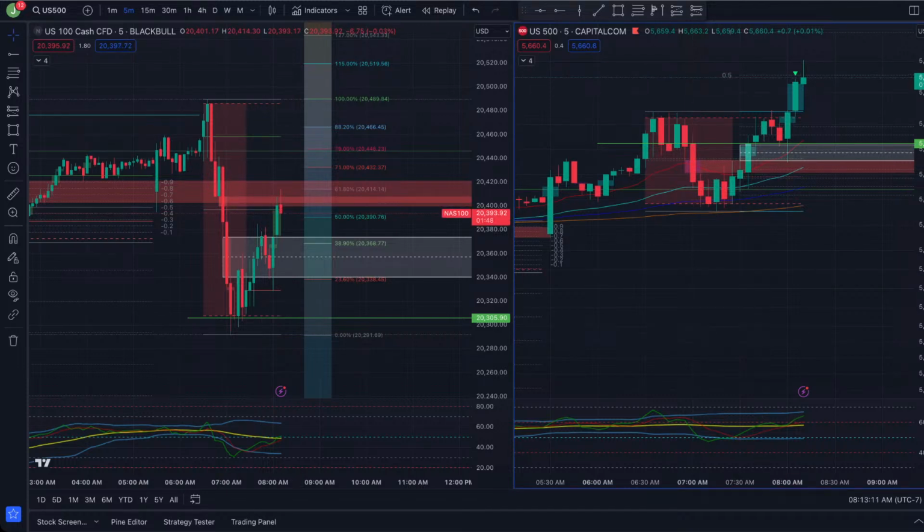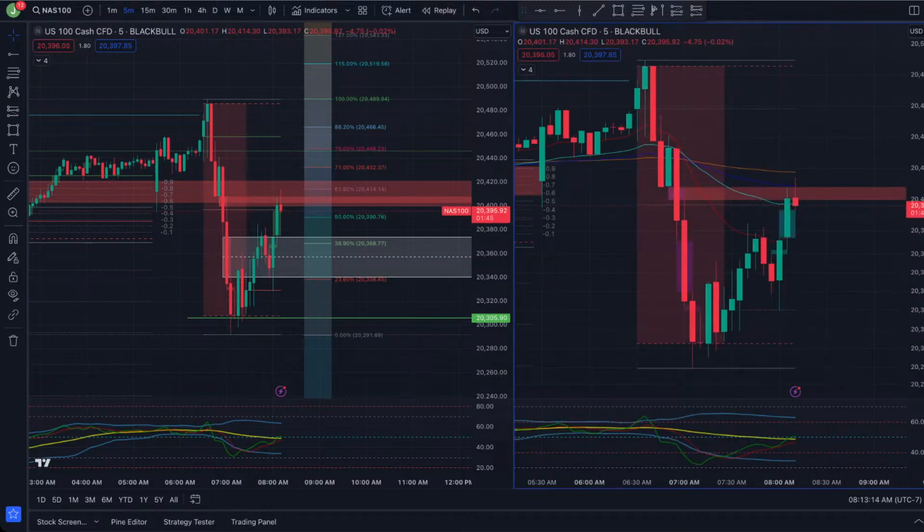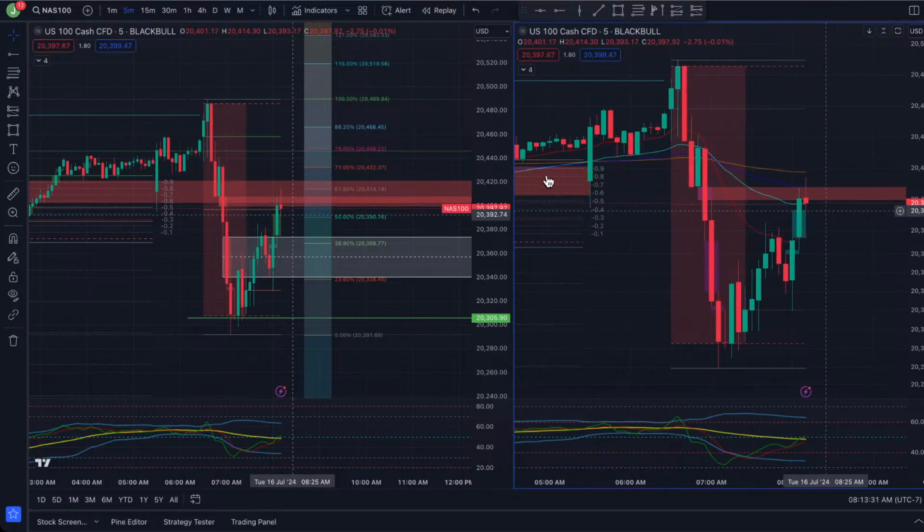We'll take a look at NAS on the 15 for a second. Again, right in that fair value gap, this is the New York fair value gap painted on the 15. So the 3 time zones we look at, 1 minute, 5 minute, and 15, the indicator paints out those fair value gaps. There's London's fair value gap.